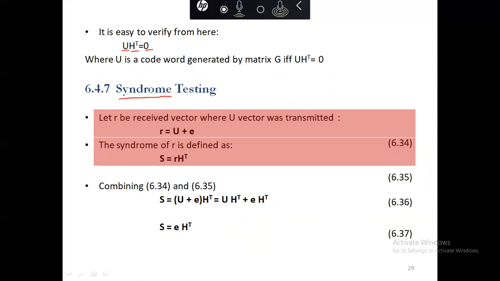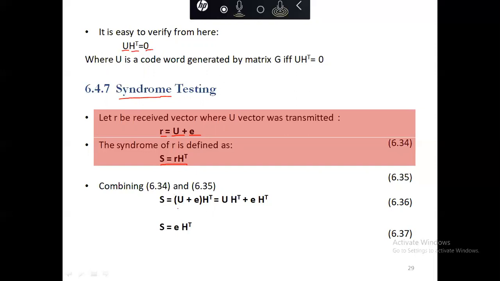So if the received code word is the actual code word plus the error, and we multiply the received code word with the H transpose, we get the non-zero value, which is the syndrome.